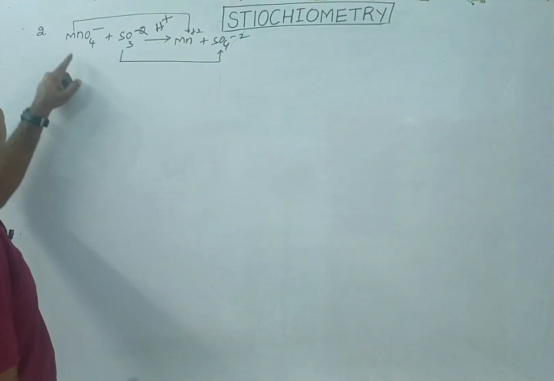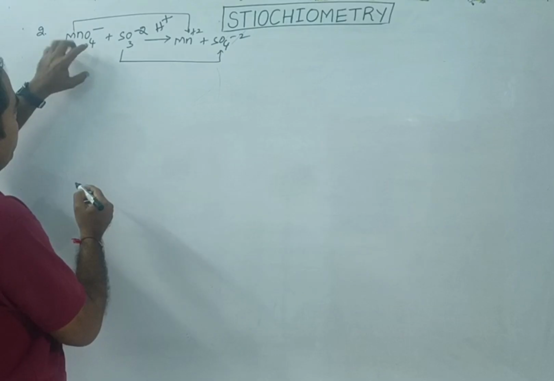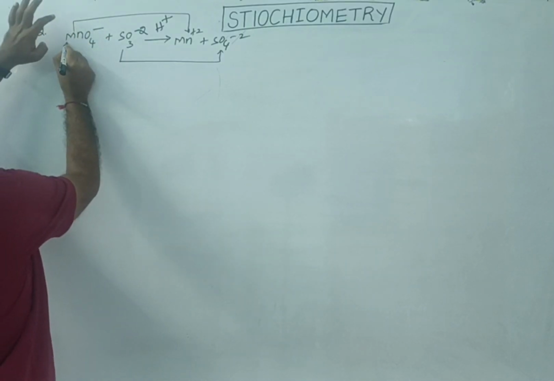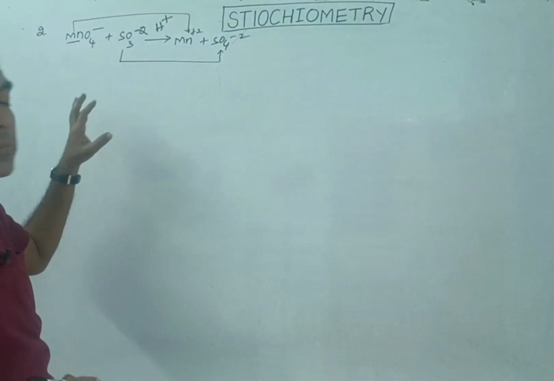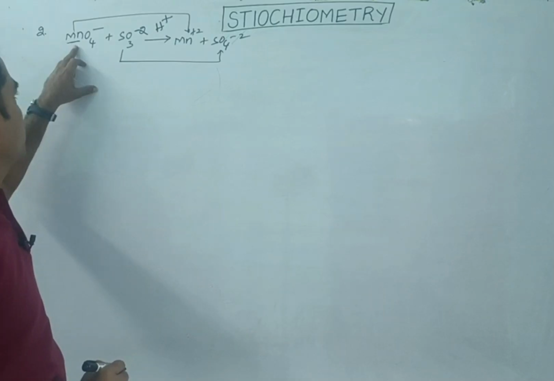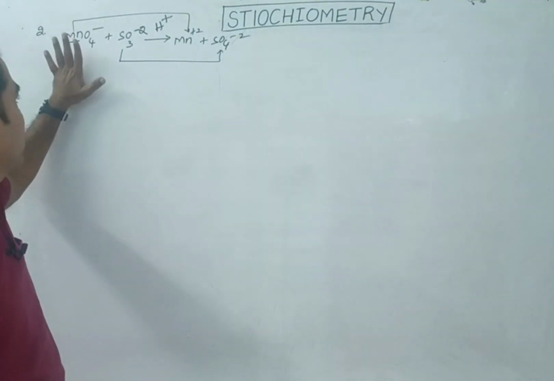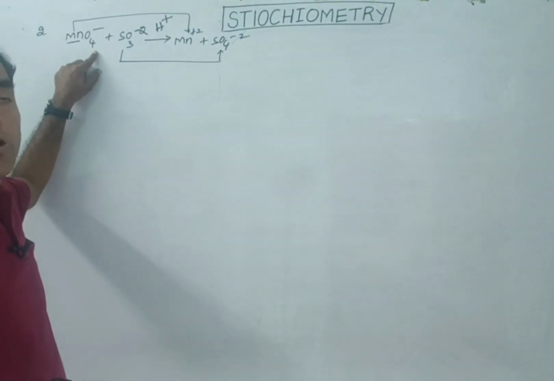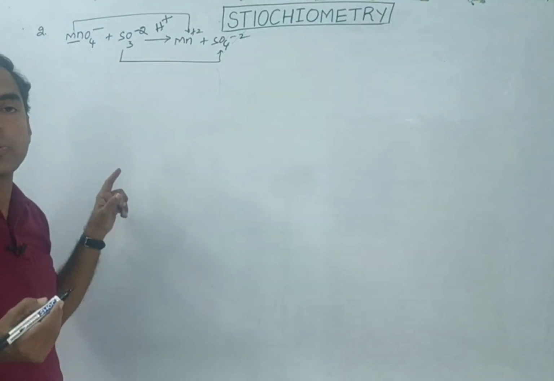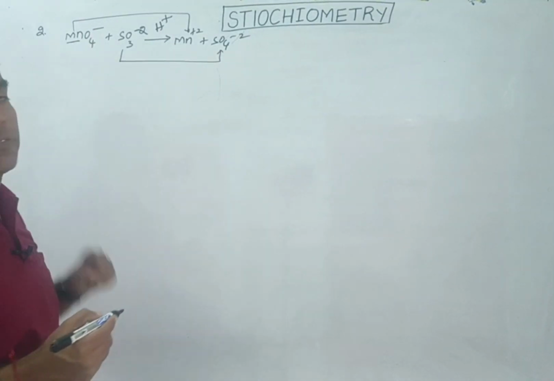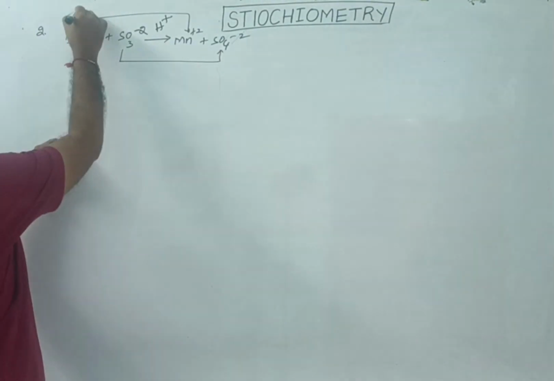Here MnO4 minus, the permanganate ion. What is the oxidation number of manganese? We don't know. Let us consider X plus 4 into each oxygen minus 2. X minus 8 equals minus 1. That means X equals plus 7.